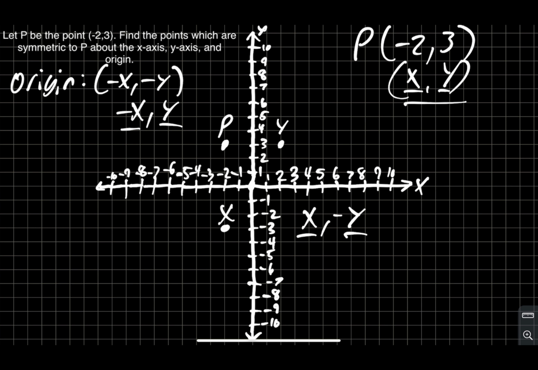And it goes the same from quadrant 1 to 3. It's going to be x comma y, and then in quadrant 3, it's going to be negative x, negative y. So both signs change for the x and the y. That's why we have to change both of the signs for P to get the point symmetric about the origin.